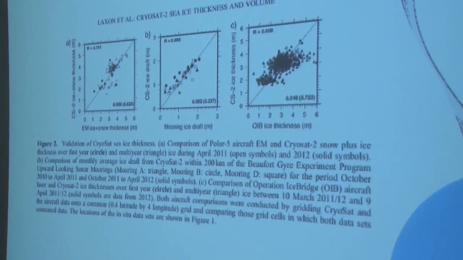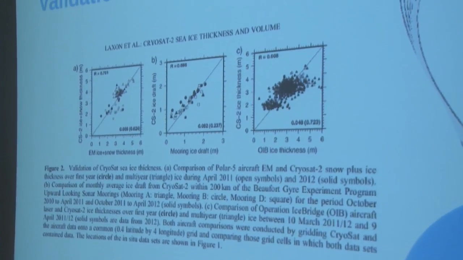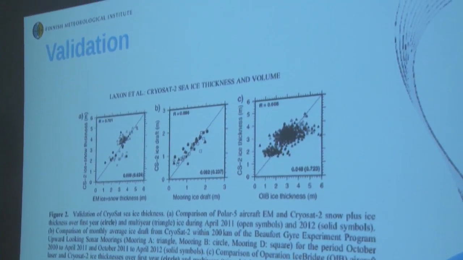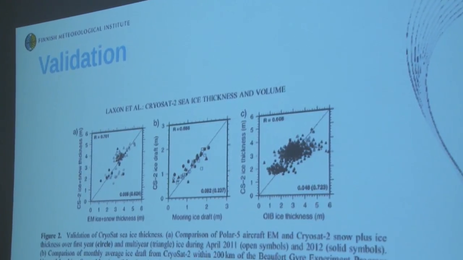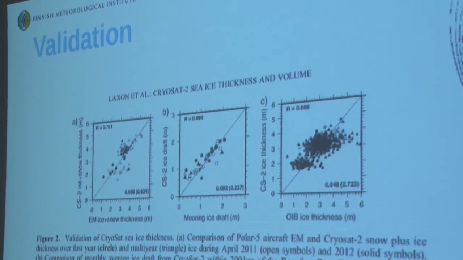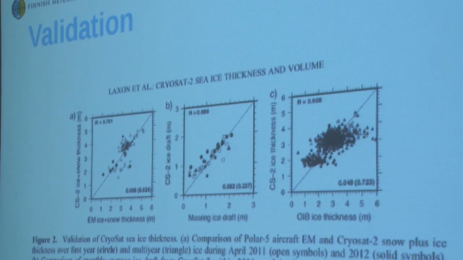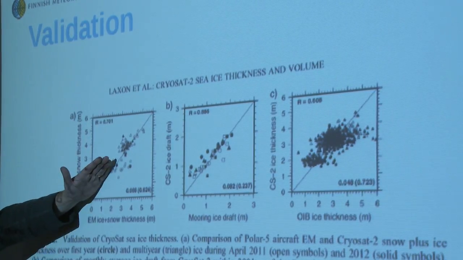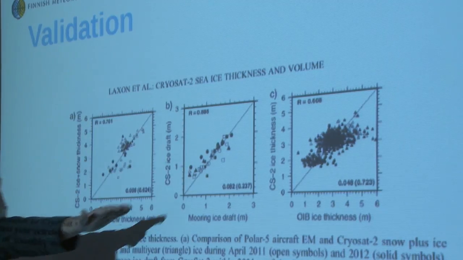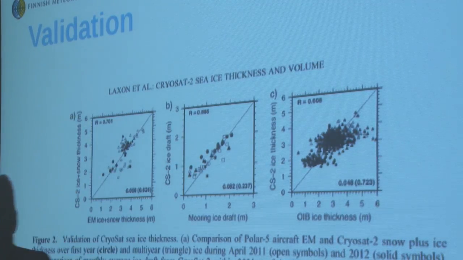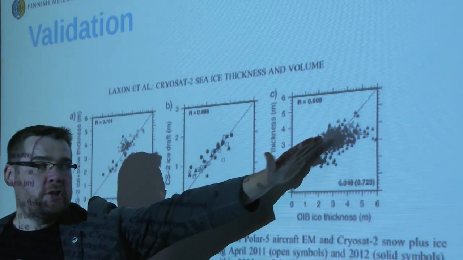Validation. Rachel told me to put in a pretty picture about validation work here. I'm sure this was not what she meant, but this is a plot from Seymour Laxon's last paper. The point I want to make here is that this is from airborne electromagnetic measurements. This is from a mooring that was left under the ice for several winters, and this is Operation Icebridge.